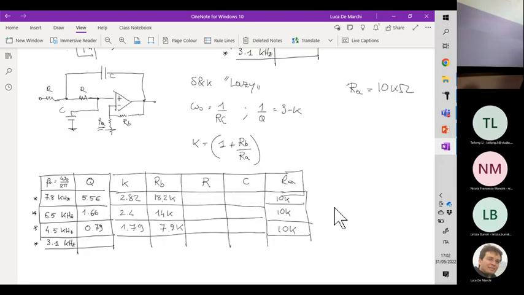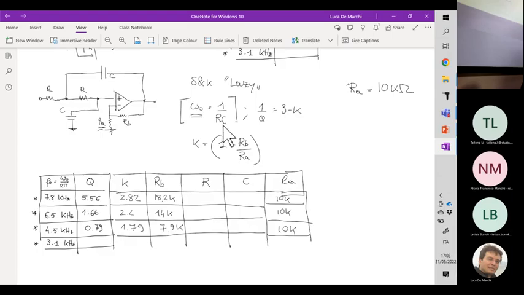Once you have set RB and RA, you are controlling K, and therefore you are controlling Q. The only thing that must be set now is the proper value of RC to get the desired angular frequency. So we use this formula to achieve this goal.